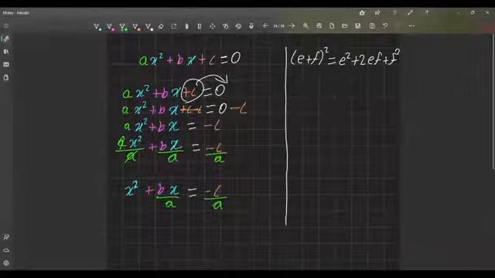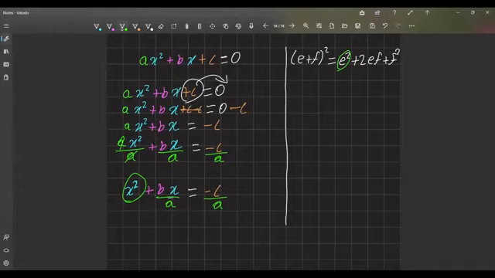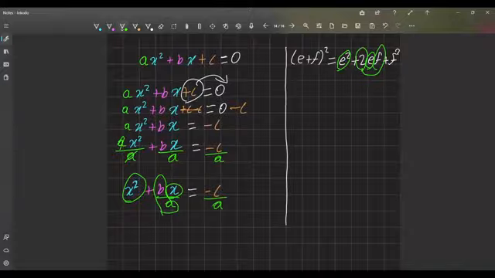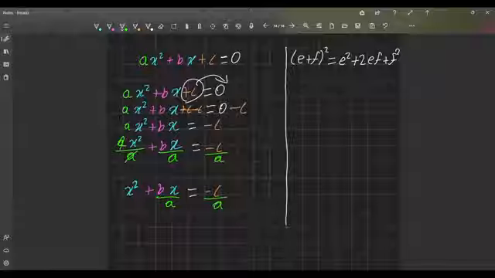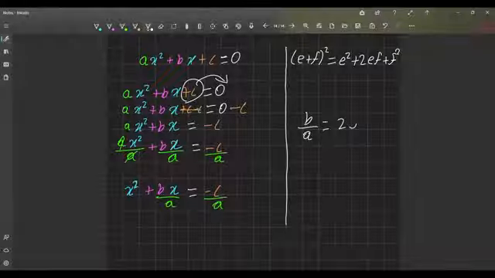I've gotten to this form, and in this case I can see that x can be equated to e. What do I need next? I need the coefficient of x, since we have e here. So the coefficient of x would be equal to 2f. I'll consider b over a is equal to 2f.